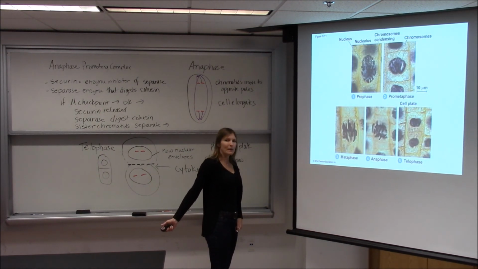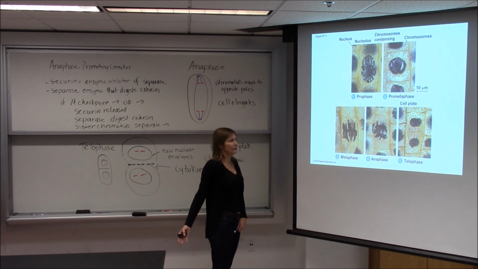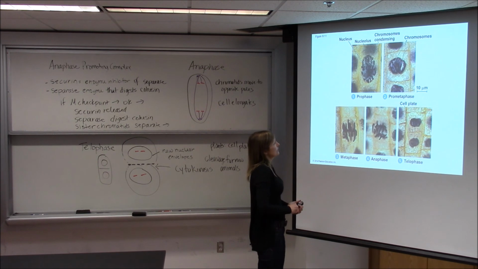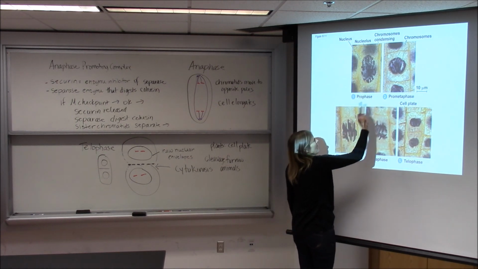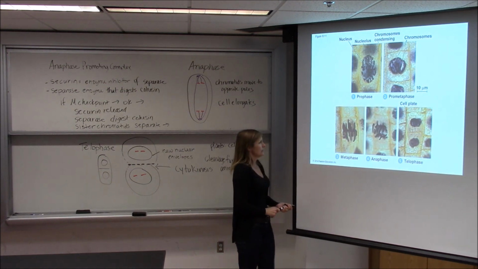These are actual microscope pictures of the stages of mitosis in an onion root. You will look at this in lab if you're taking the lab portion of this course. But I just want to point some things out. In prophase, you start to see individual chromosomes, and they become very condensed by the time we get to prometaphase.